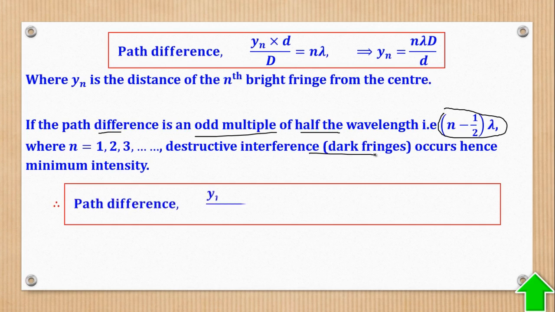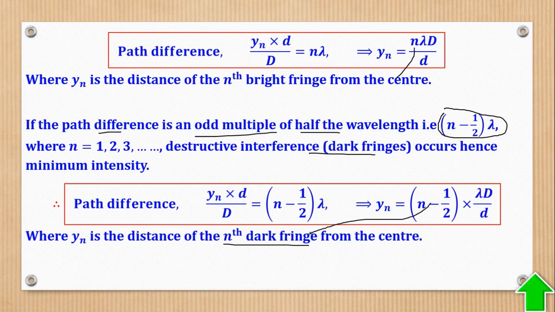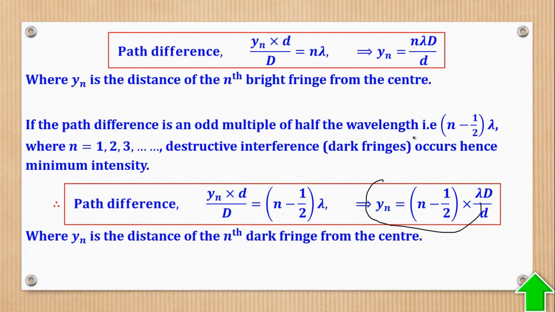And when you equate, we shall come up with this, where yn is now the distance of the nth dark fringe. Know the difference? This one, it was a bright fringe when there is just n. When there is n minus a half, it is a dark fringe from the center. So when they talk about a dark fringe, always remember to use this. When they talk about a bright fringe, always remember to use this.